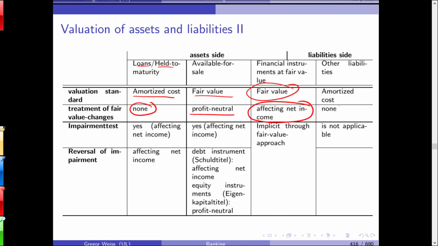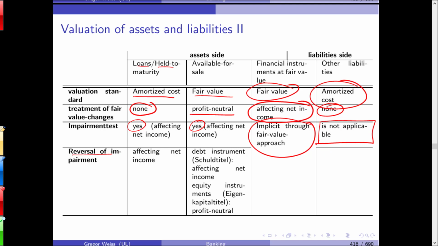No change on the liability side. The other liabilities are valued at amortized cost. And do you have an impairment test? Yes, and here it's not applicable, obviously, for other liabilities. And here you have an implicit fair value test, an impairment test through fair value accounting.